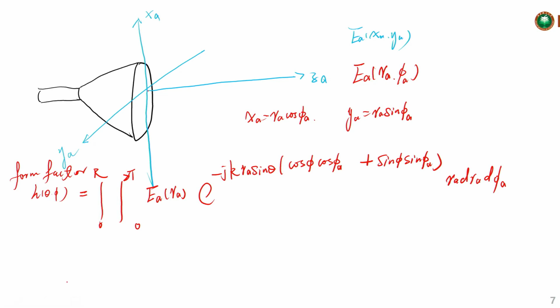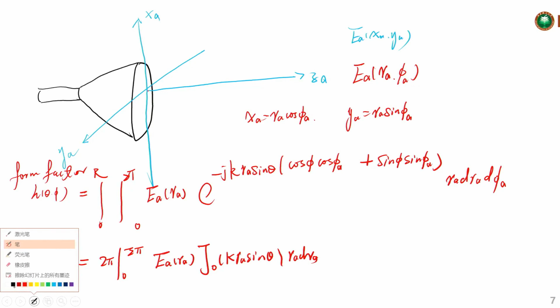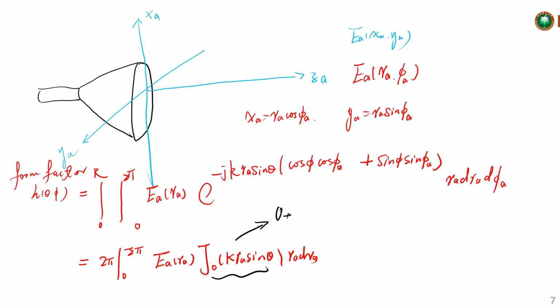I will not show you the exact derivation, but I will show you the final solution: an integral from 0 to R of EA(RA) J naught(k RA sin theta) RA dRA. Here J naught is the zeroth-order Bessel function.